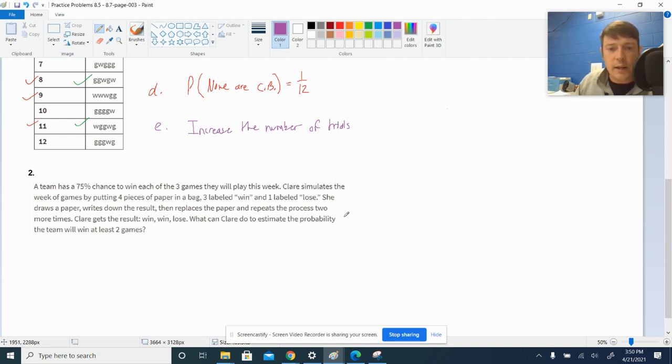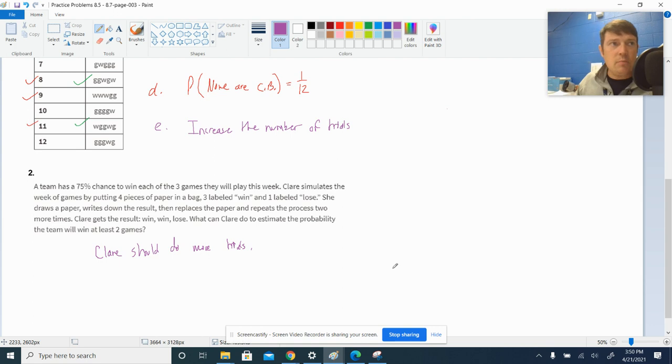What can Claire do to estimate the probability that the team will win at least 2 games? Well, she can't base it off of that one trial. She can't say that it's a 100% chance because she got win, win, lose on this first one. What Claire should do is do more trials.